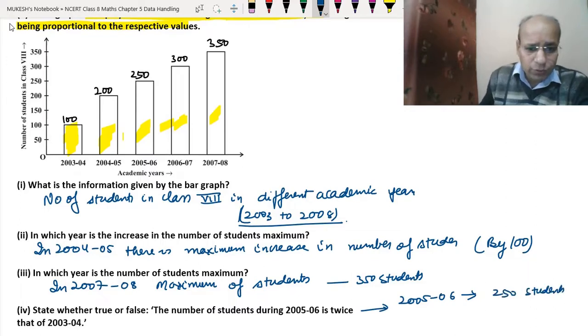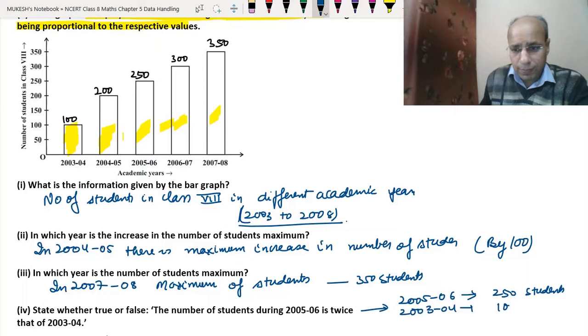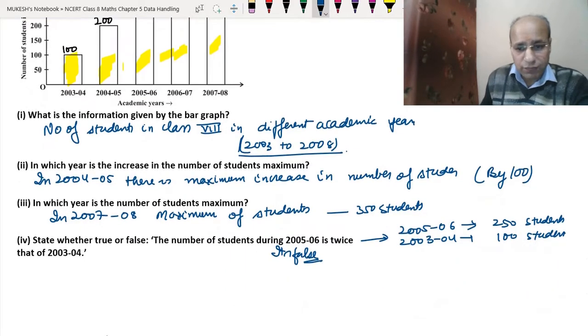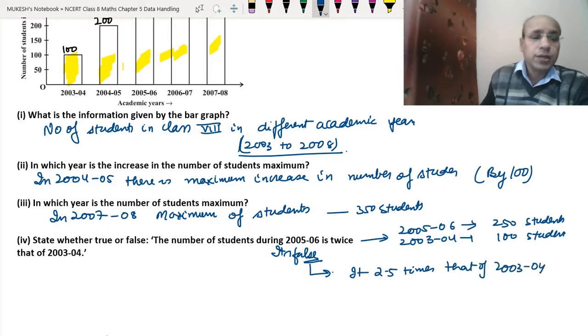And in 2003-2004 we have 100 students. So it is not 2 times, it is 2.5 times. So it is false. The reason is that it is 2.5 times that of 2003-4.